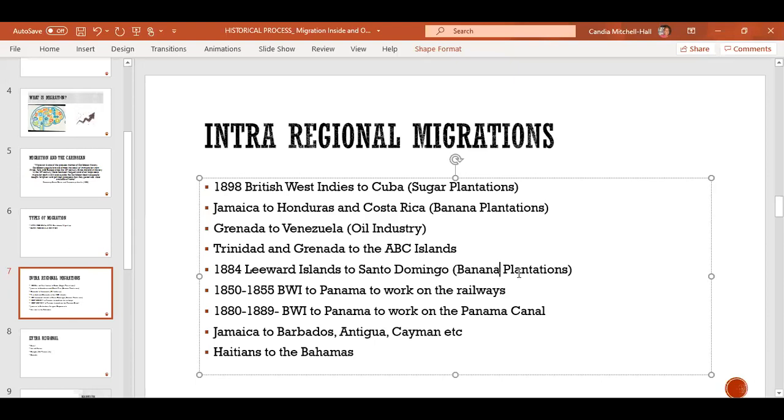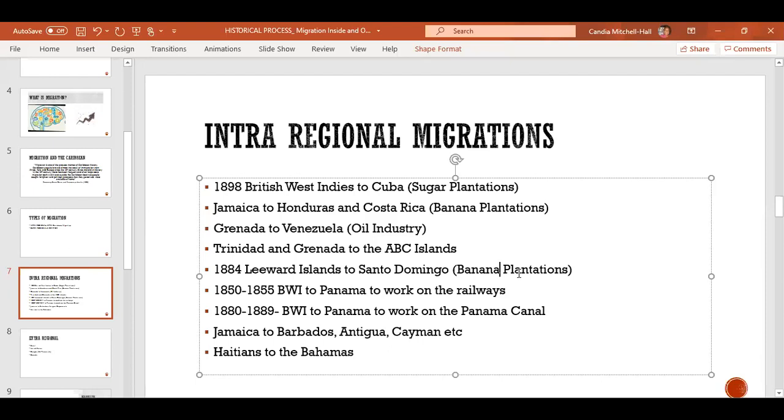Now, in the first part of the migratory pattern from 1850 to 1855 to Panama, the majority of the British Caribbean workers came from Jamaica and Grenada during that period. Now, we also have migration from Jamaica to Barbados, Antigua, Grenada, and other places, and people moving from Barbados to Jamaica, from Antigua to Jamaica, and we have people moving all over.